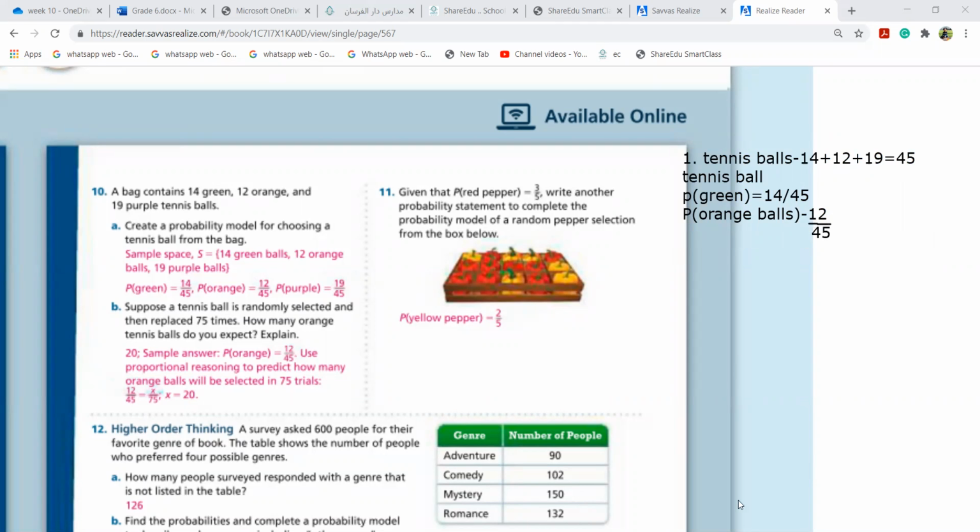All right? Now, Judy, Dana, if I ask you P of purple tennis ball, so how much? Dana? Miral?